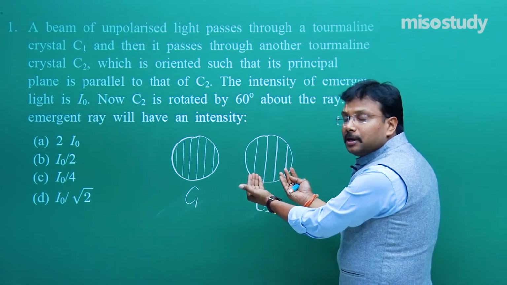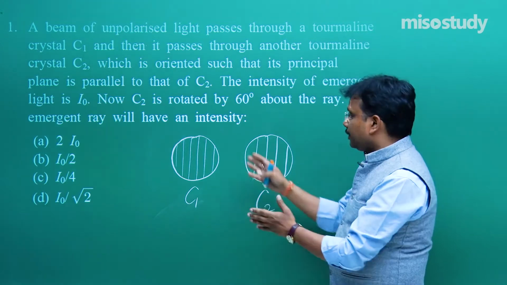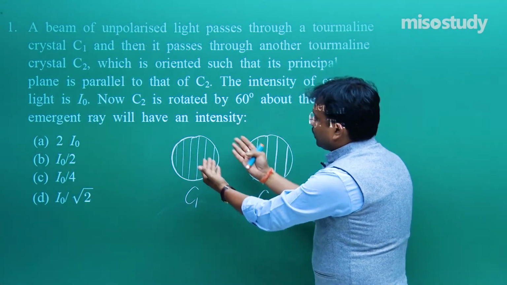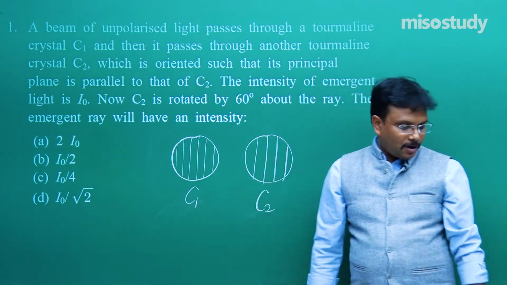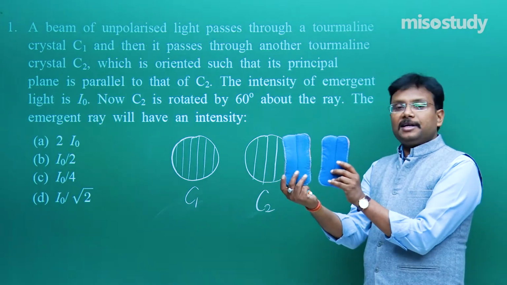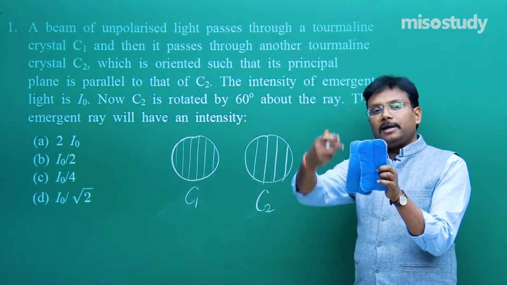Pick these two crystals and place them on each other, that is parallel, or else try to rotate one crystal with respect to the other. For example, with the help of a duster I would like to show you. Let us say these are two tourmaline crystals, and the light passes vertically downward.